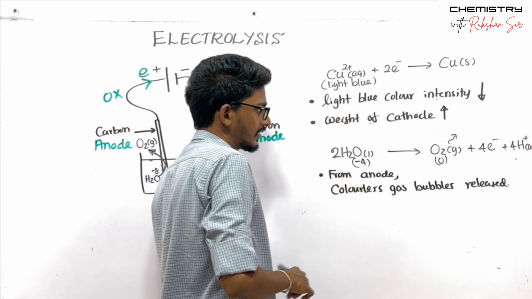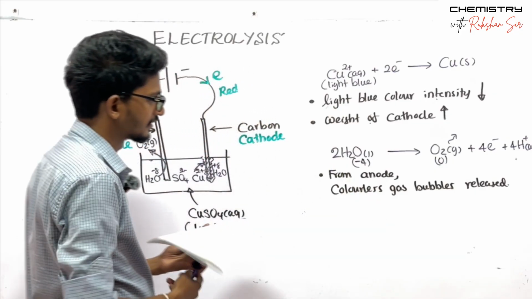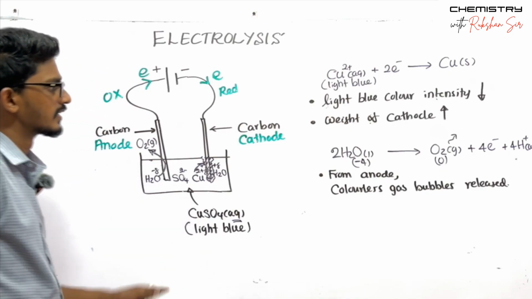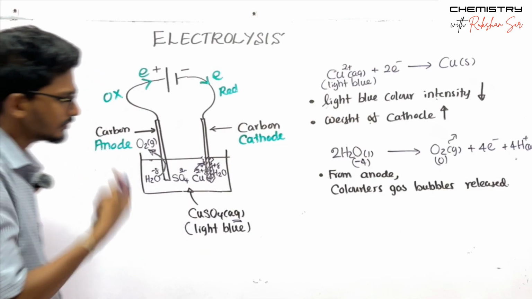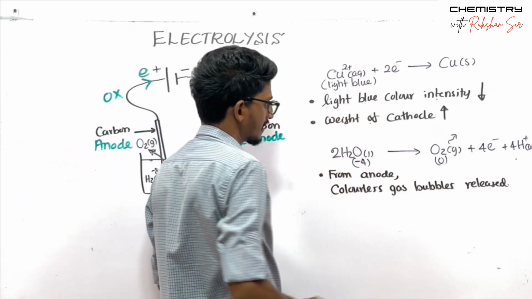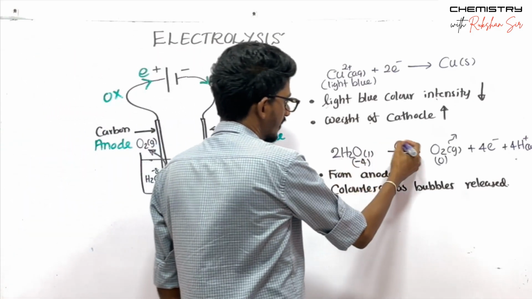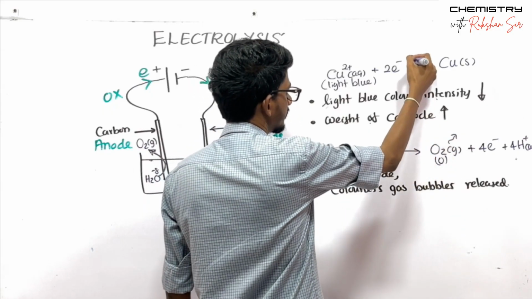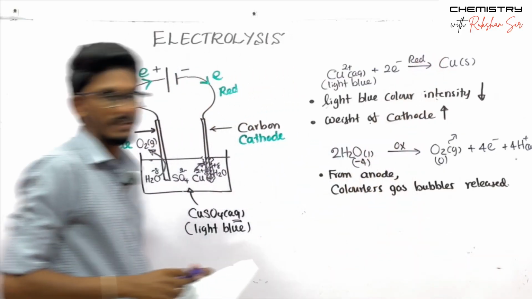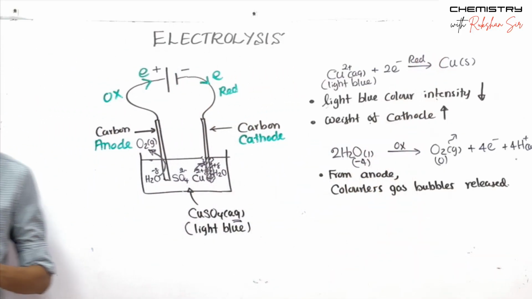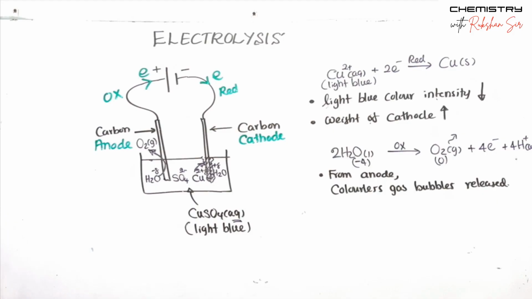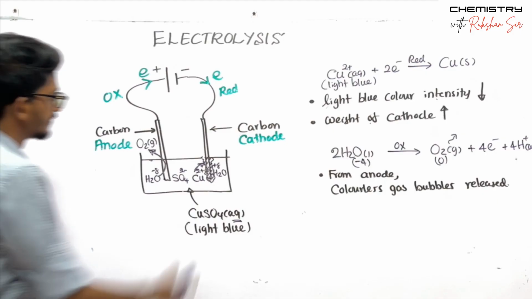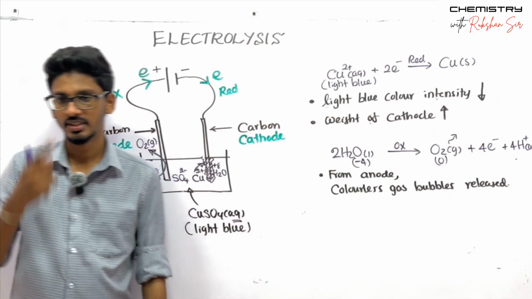So that is how this is supposed to be balanced. Due to this oxidation reaction at the anode, you will see colorless gas bubbles evolve. Right? This is a simple explanation for the electrolysis process you have learned in your O levels.